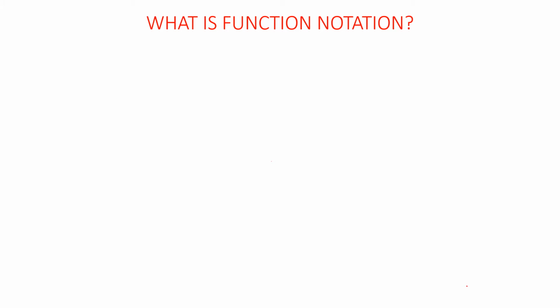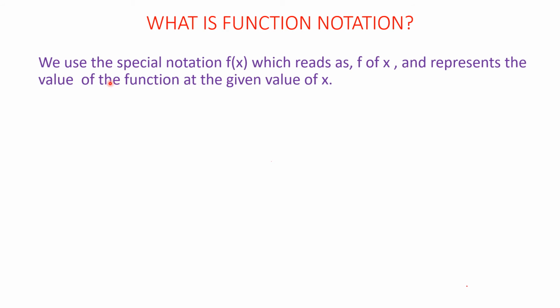We're going to go ahead and answer the question, what is function notation? We use a special notation, f of x, which represents the value of the function at the given value of x. For instance, f of x equals x squared minus 2x plus 1.